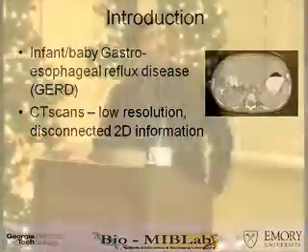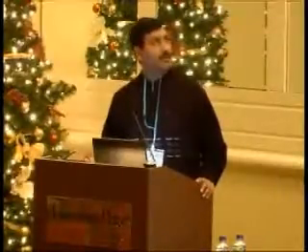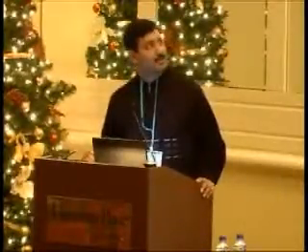This work is based on a disease which is very common in infants of very young age, generally below 1 year old. The disease is called GERD, which is gastroesophageal reflux disease. There's a sort of one-way valve in the food tube, which is either not developed in these infants, or there is some problem in this particular valve.